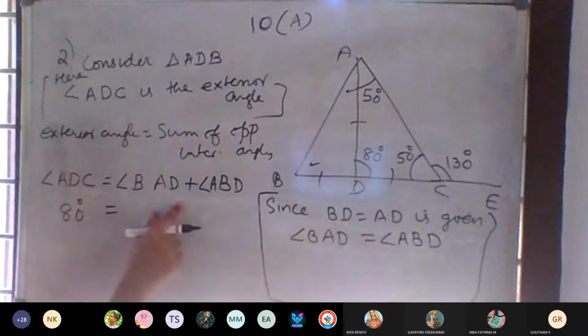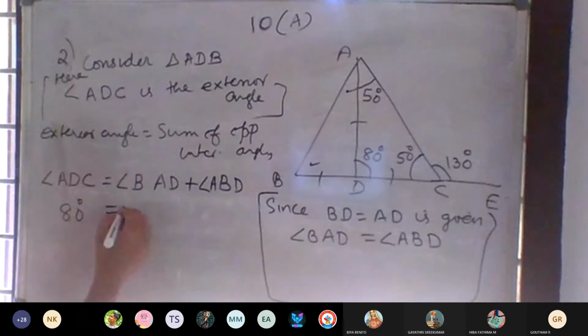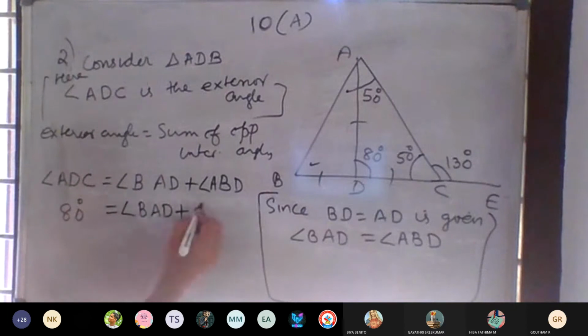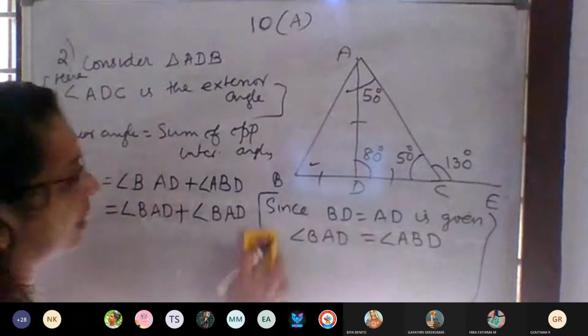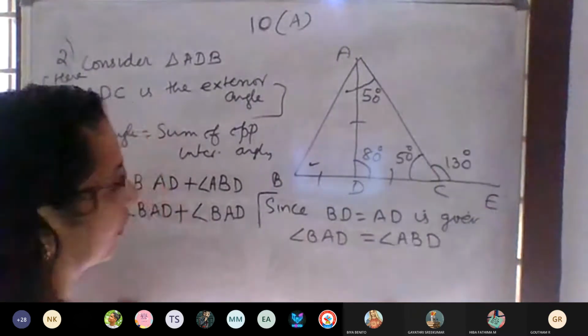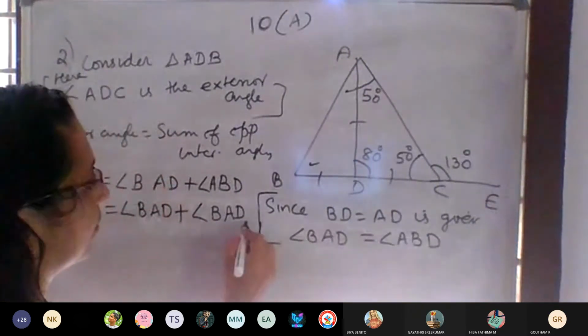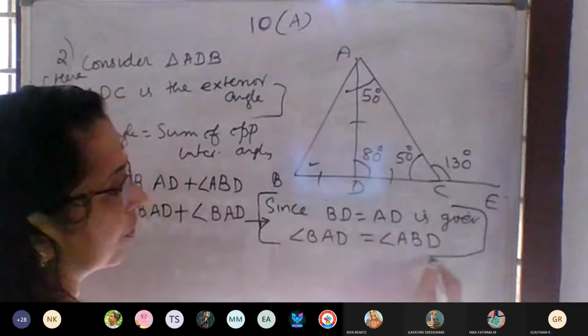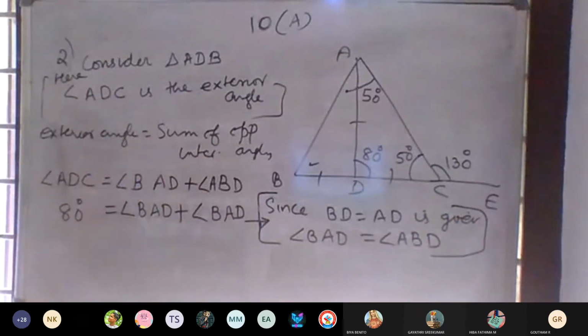So this we can replace here: angle BAD plus angle ABD we can write as angle BAD plus angle BAD. Write the reason here itself. That's why we wrote angle ABD as BAD. So 80 degrees is equal to 2 angle BAD.